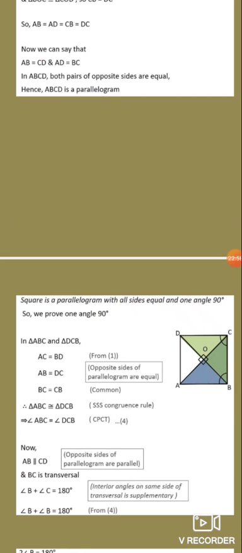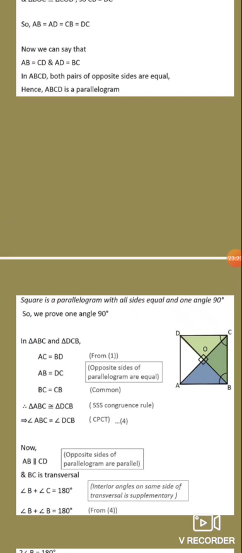Diagonals are equal. Then AB equal to what? DC, opposite sides of the parallelogram. BC equal to CB, common side. So triangle ABC is congruent to triangle DCB using the SSS congruence rule. Now angle ABC equal to angle DCB using CPCT.